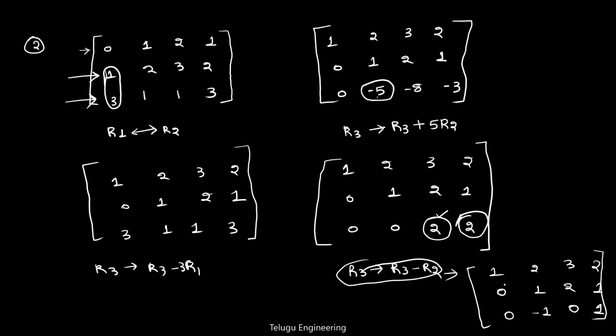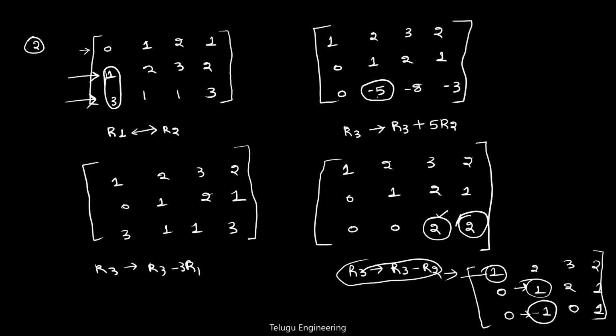So what is our rule? If there is a leading element, you can see this is the leading element, this is the leading element, and this is the leading element. So this is the i plus 1th leading element, this is the ith leading element. This is exactly equal to the previous row element, but that should not be true. The next row's leading element should be to the right of that of the previous row.